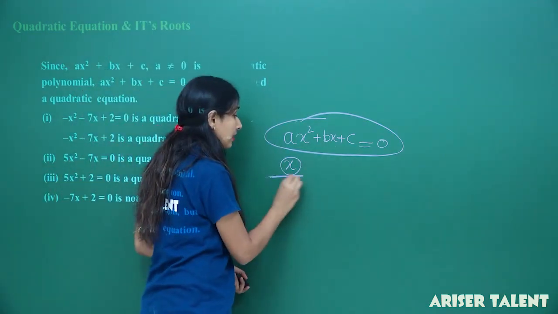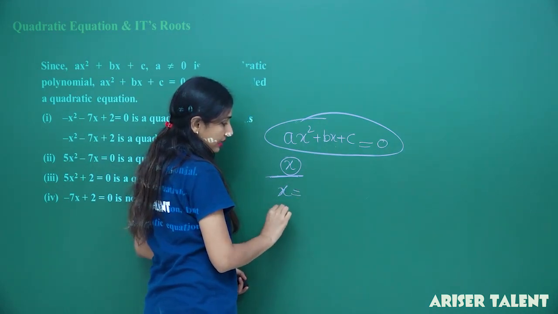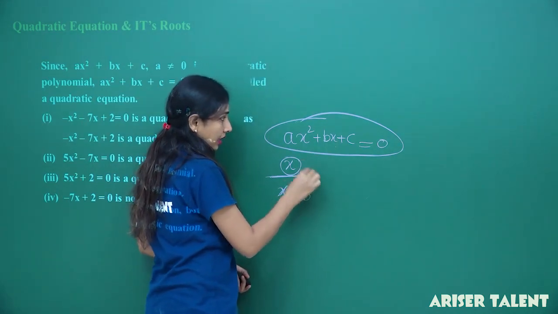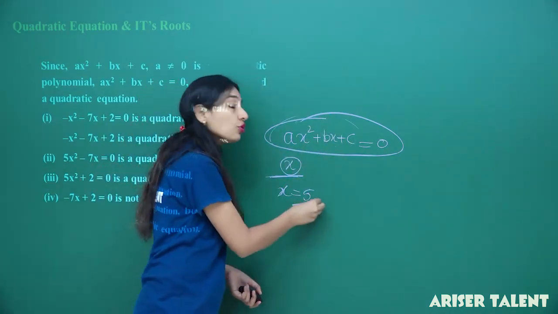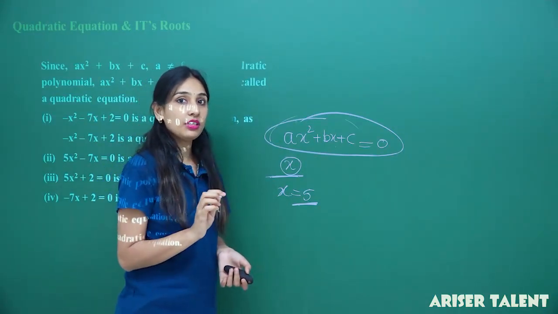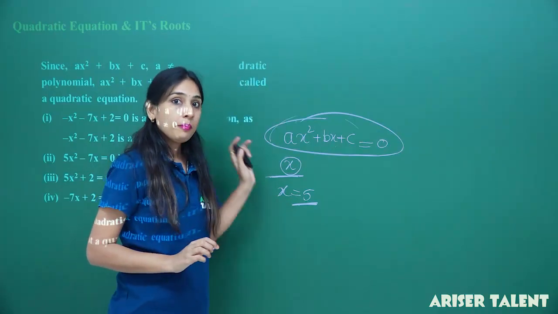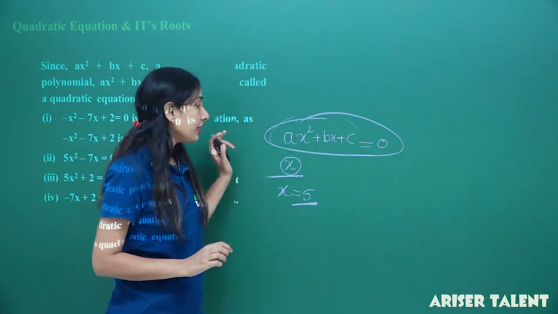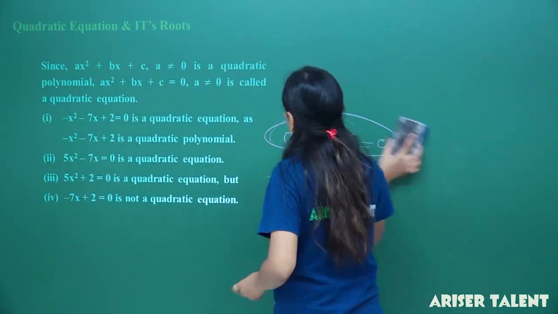Let's suppose x equals 5. If this value becomes 0, then this will be known as a root of that particular quadratic equation. In the polynomial we find zeros of the polynomial, but in a quadratic equation we will be finding the roots of the quadratic equation.